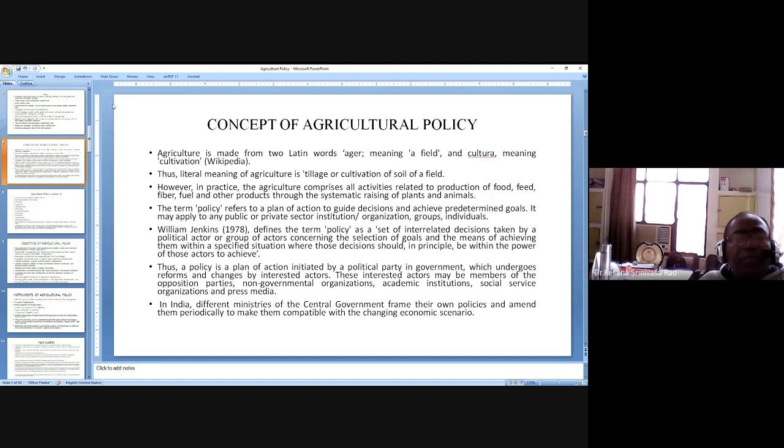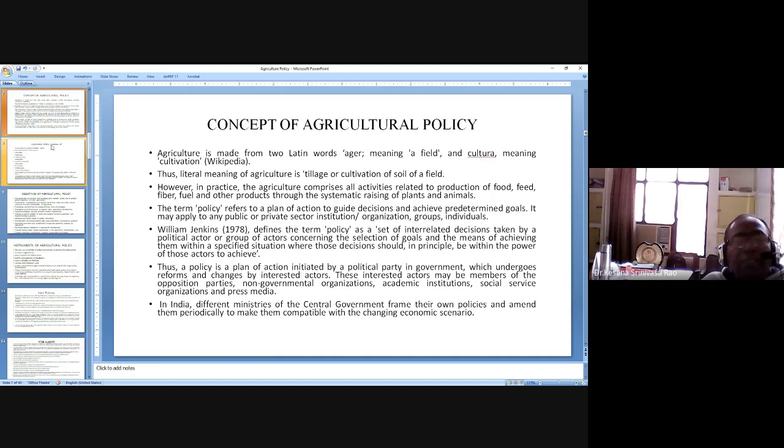Then William Jenkins, in 1978, defined policy as a set of interrelated decisions taken by a political actor or group of actors concerning the selection of goals and the means of achieving them within a specified situation, where those decisions should, in principle, be within the power of those actors to achieve.